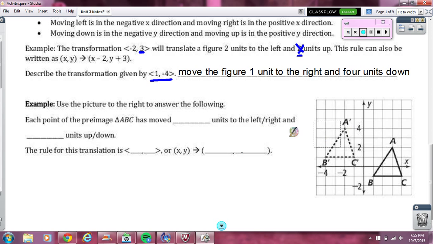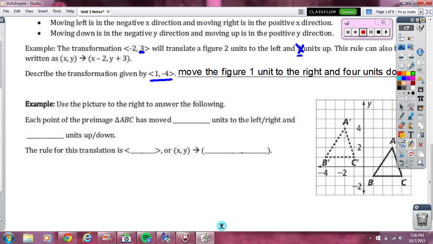So here's an example with a picture to go with it. It might make it a little more clear. When I see this picture, I see the point A, and then I see this point A with a little mark next to it. What that tells me is this A is like my starting point, or where A is at the beginning. And then I'm doing something to it, I'm moving it or translating it, and it ended up here at A prime.